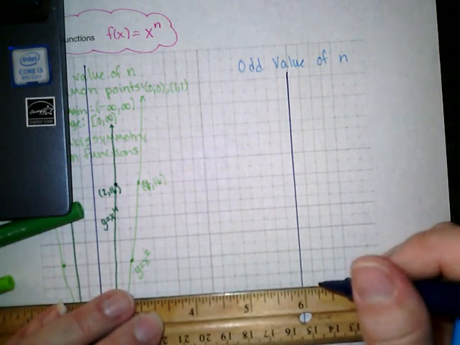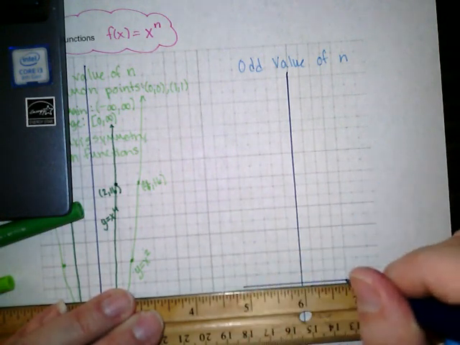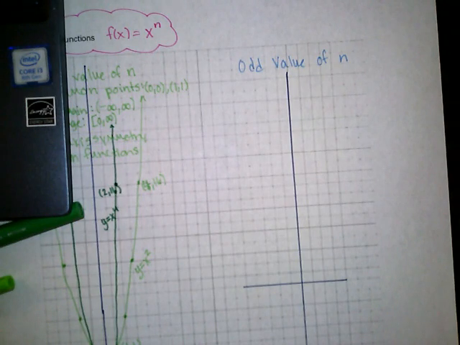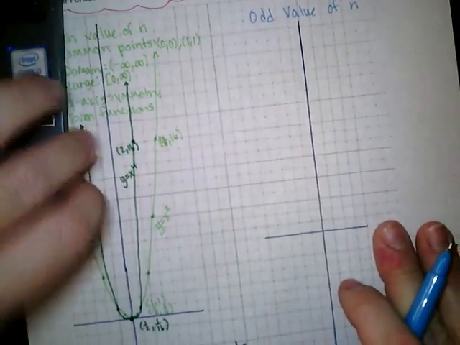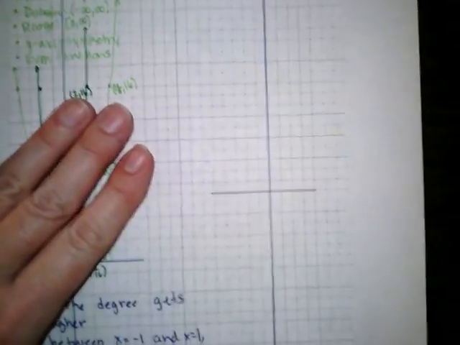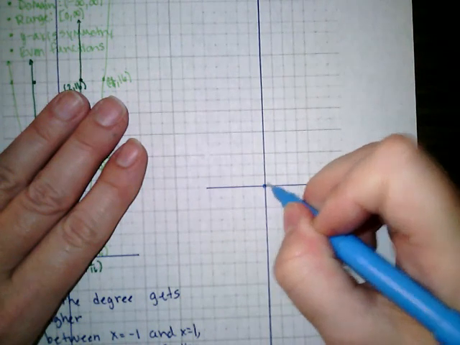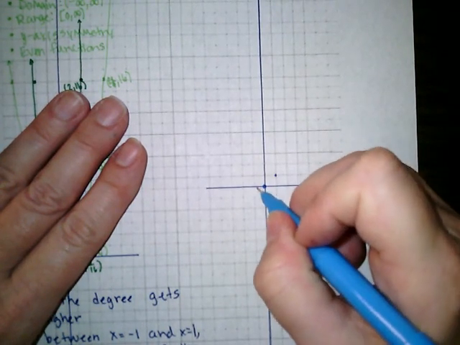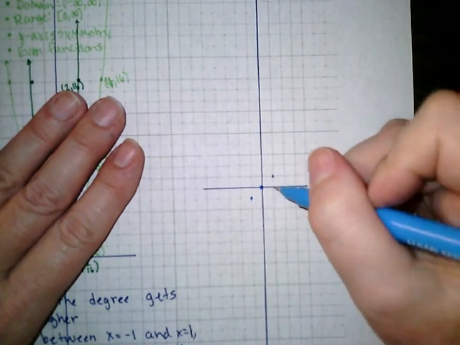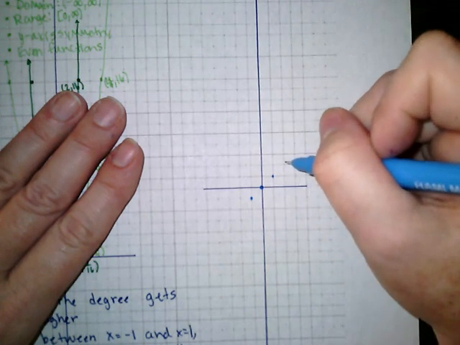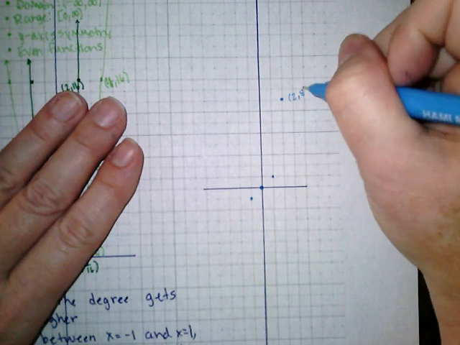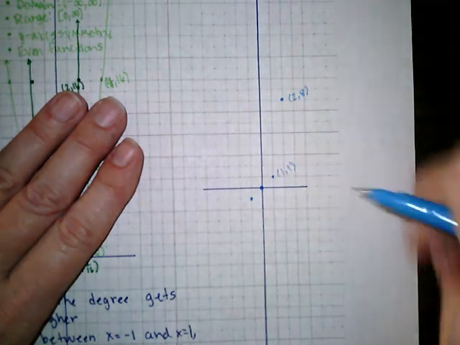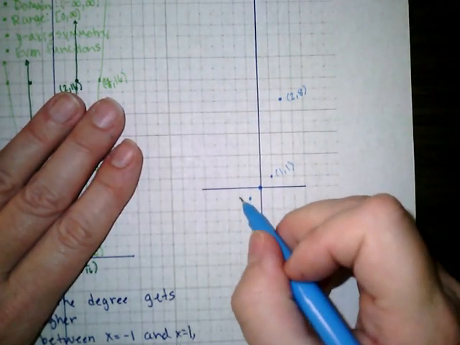I'm going to aim for sort of the middle of the paper, since I know that y equals x cubed has the two sides, one up here and one down here. On y equals x cubed, remember that one has ordered pairs (0, 0), (1, 1), (-1, -1). Then if I go over 2, I go up 2, 3, 4, 5, 6, 7, 8. So (2, 8), (1, 1), (0, 0), and then (-2, -8).